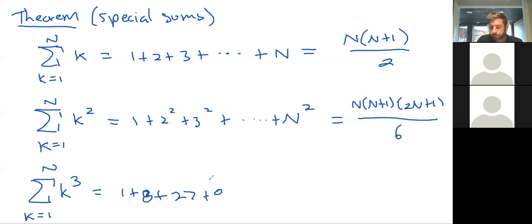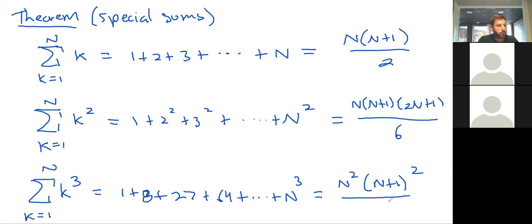Excuse me, 4 cubed is not 81, it's 64. And if you go all the way out to the nth number cubed, well, this has a little more compact formula.